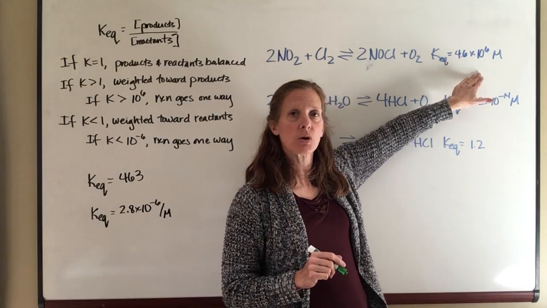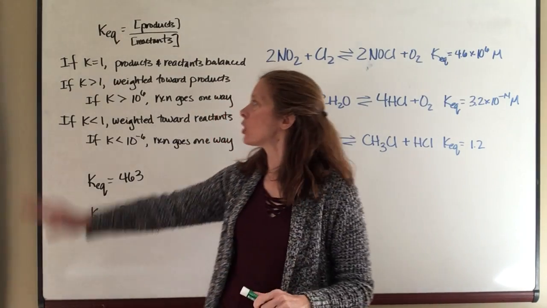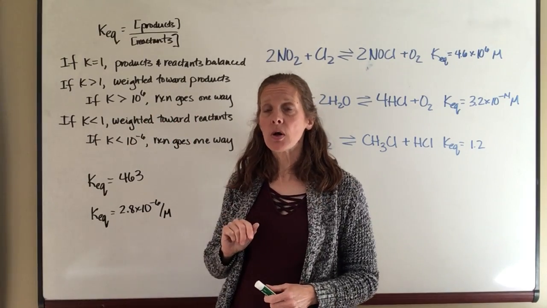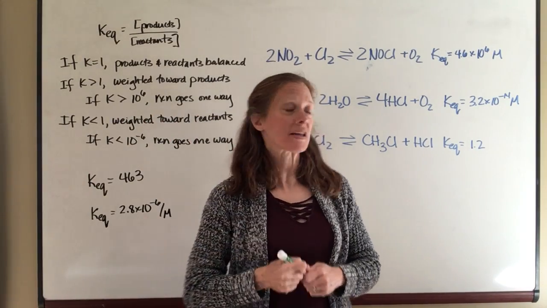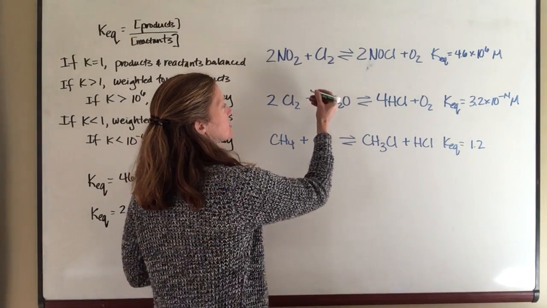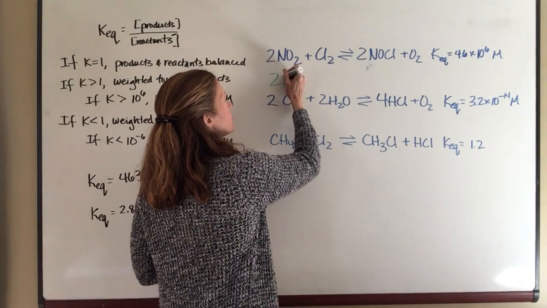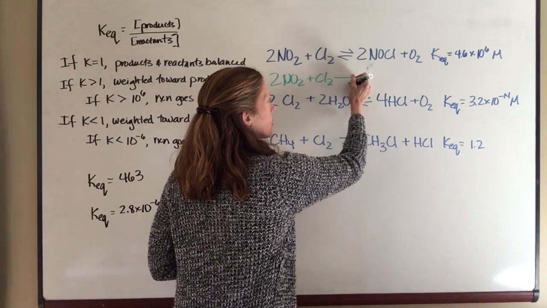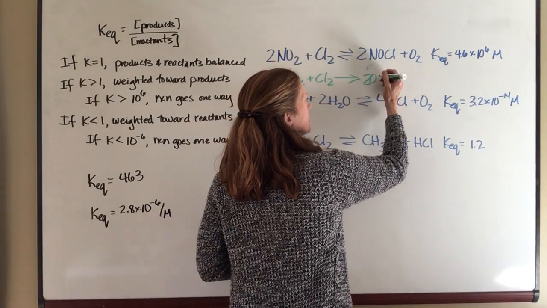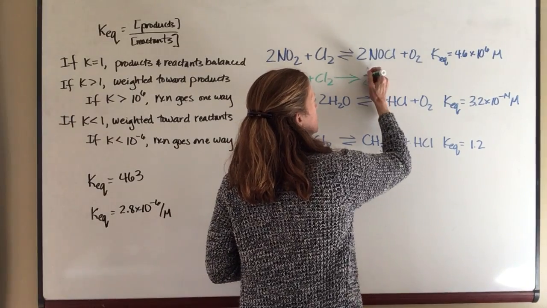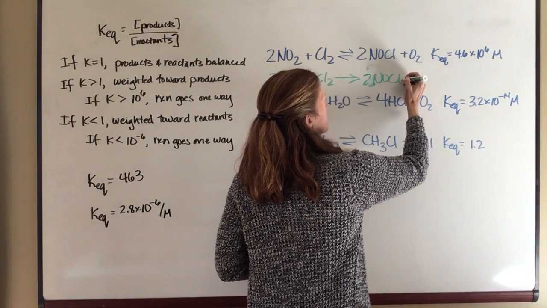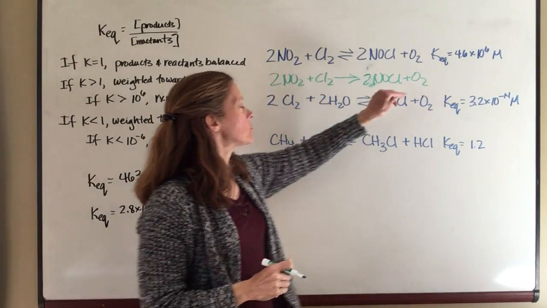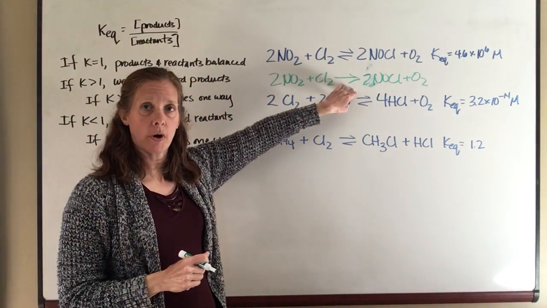Well, because this equilibrium constant is so large, I know that the reaction is only going to go one direction. So I can actually rewrite this particular reaction with just a single directional arrow going towards the products, 2NOCl plus O2. Because this is so large, this arrow is only going to go one direction.